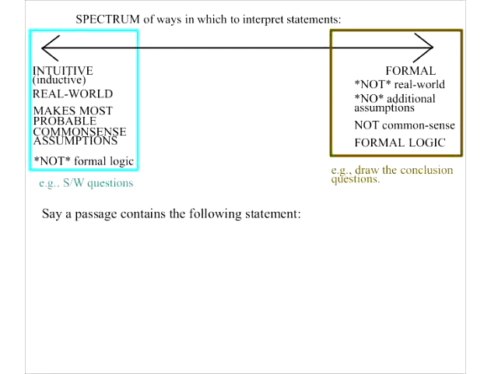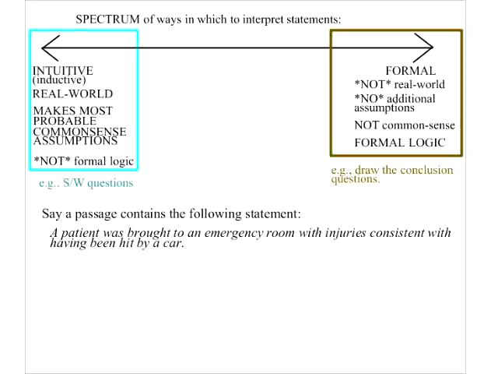The statement is: a patient was brought to an emergency room with injuries consistent with having been hit by a car. Okay, there's a statement in the passage.